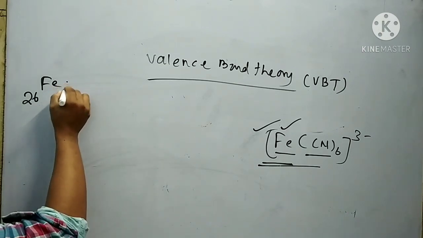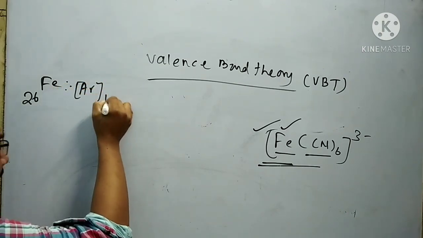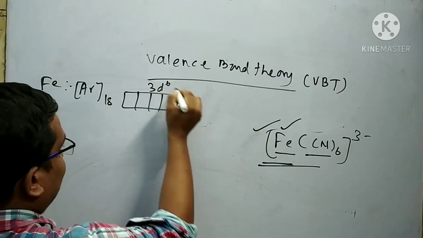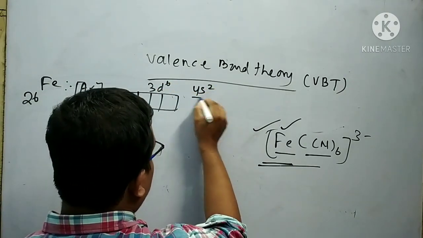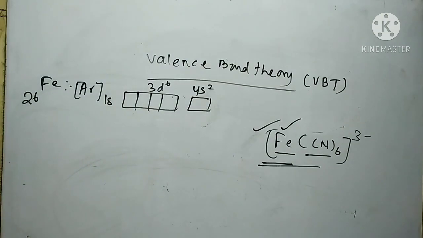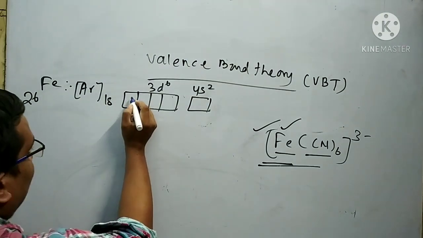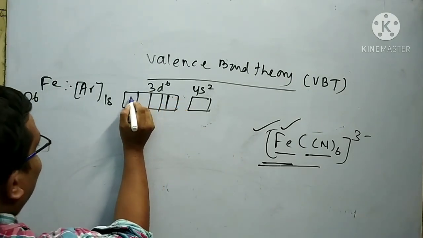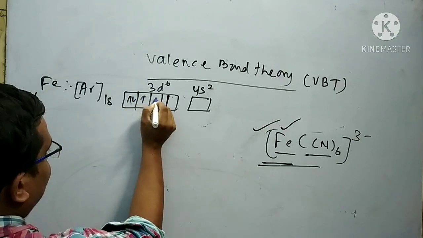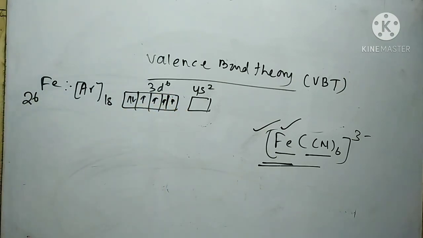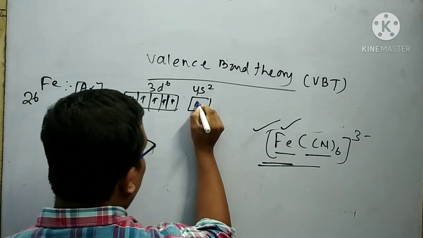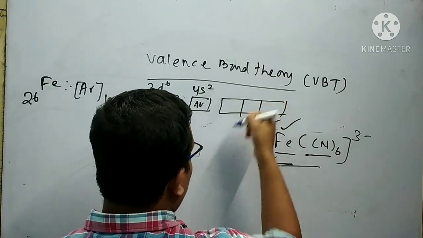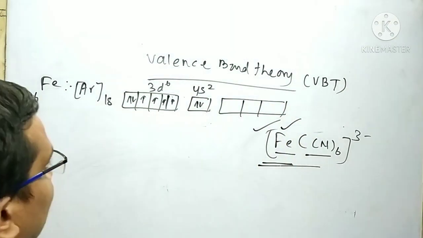The electronic configuration of iron is argon 18, 3d6, 4s2. Here five 3d orbitals are present, so I can distribute the electrons like this, which obeys Hund's rule. Here also two electrons are present in 4s. The 4p orbitals, look at that, are vacant.